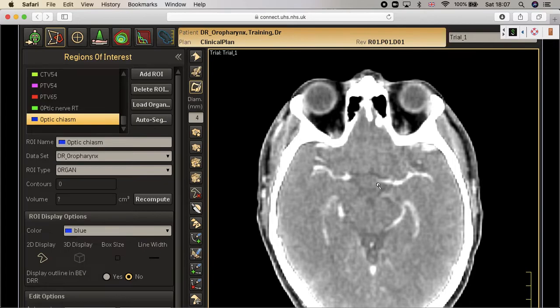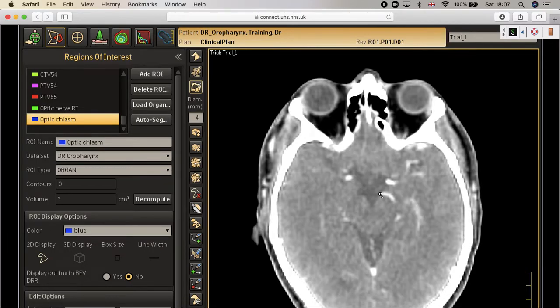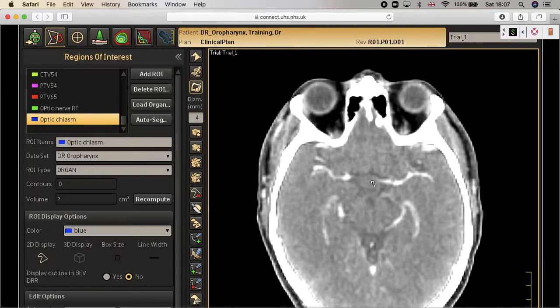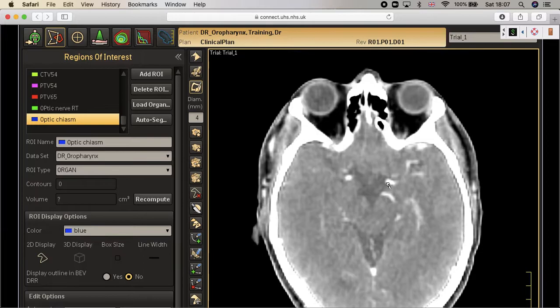It's the easiest way to draw the optic chiasm, just by familiarizing yourself with the circle of Willis. We all know that the circle of Willis is a network of vessels, and it is composed of the middle cerebral artery, anterior cerebral artery, and posterior cerebral artery.